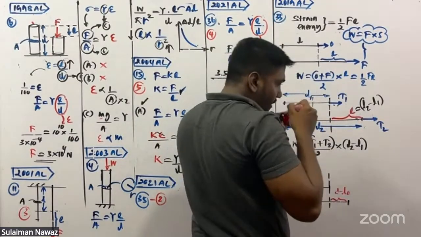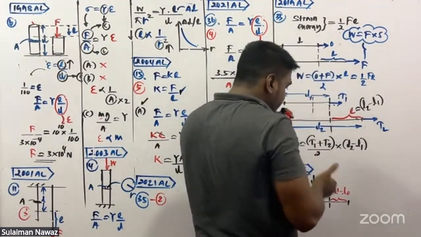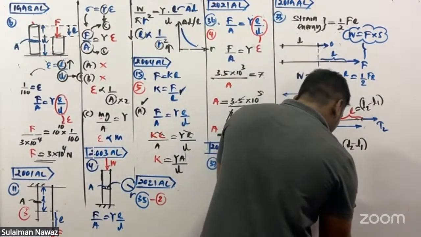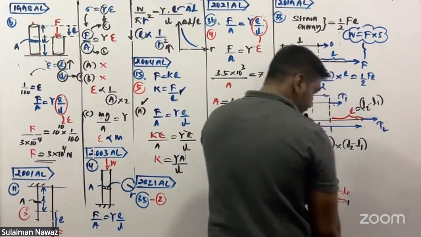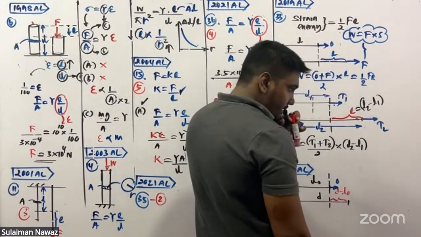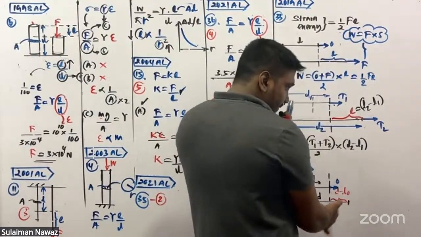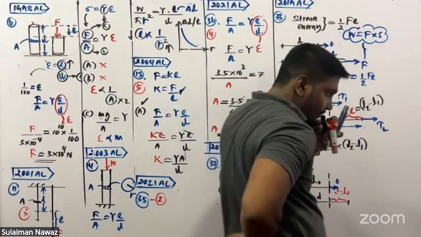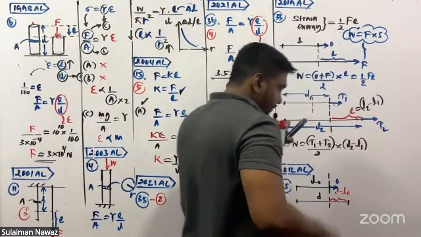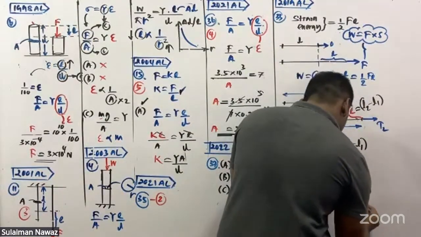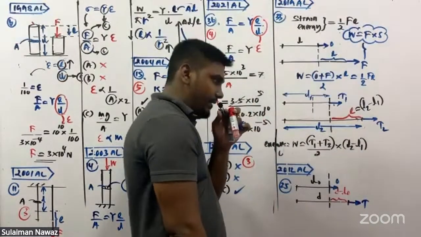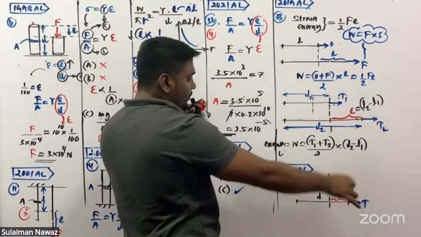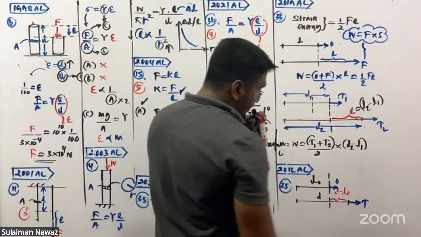Clearly, in the beginning there weren't any forces. In the beginning, the string was at its natural length. Therefore, the force was 0 in the beginning. At this instant, when the length is D, the tension is T. They are asking the minimum energy required, the minimum work done. Minimum work done means strain energy: average force into extension.